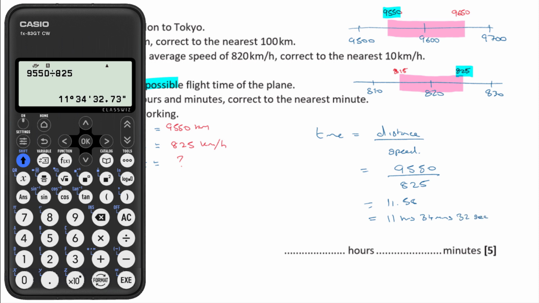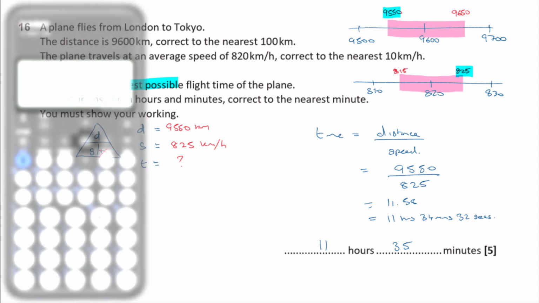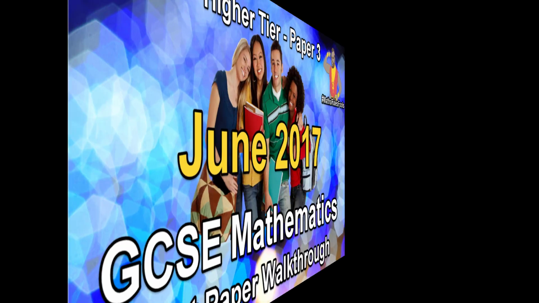So am I going to round that up or down then? So 32 seconds is more than half a minute, so I feel like I should round that up. So to the nearest minute, it's going to be 11 hours and 35 minutes. I'm going to round up, because 32 is beyond halfway from 1 to 60, isn't it? Okay, 11 hours 35.